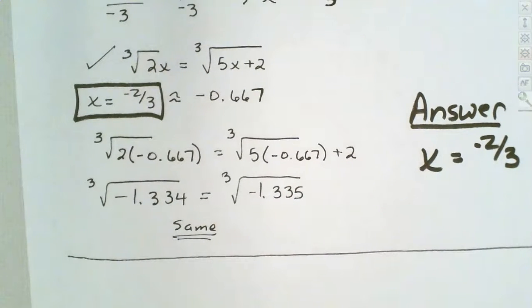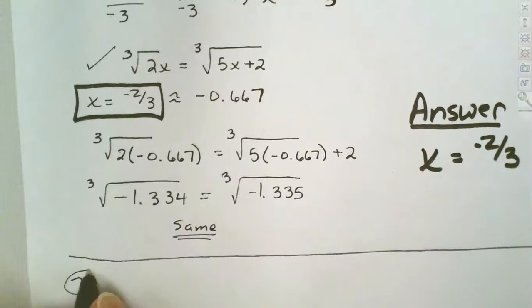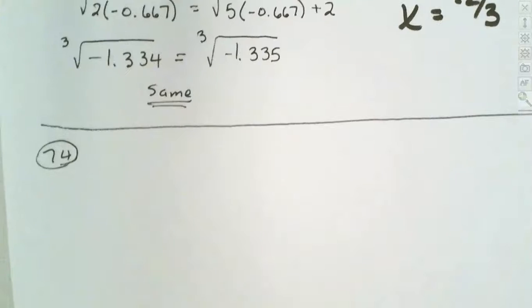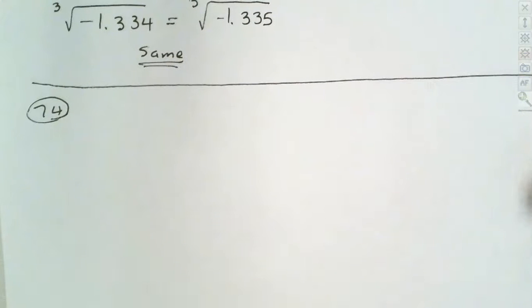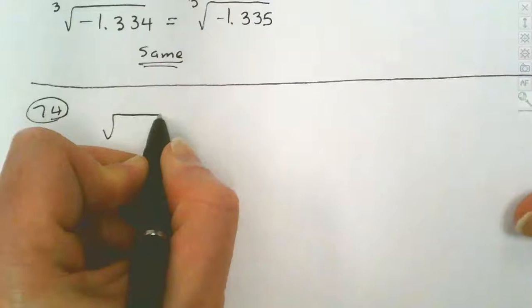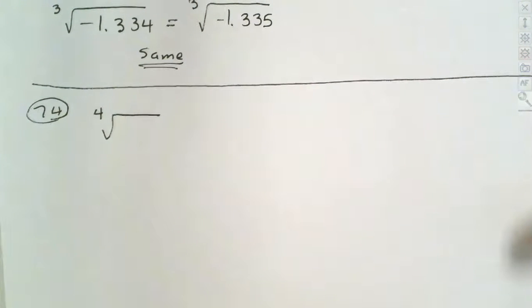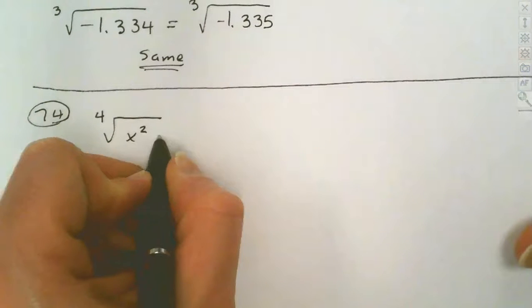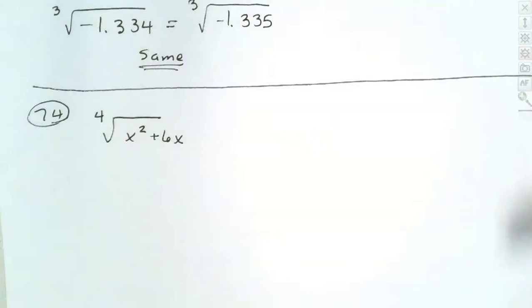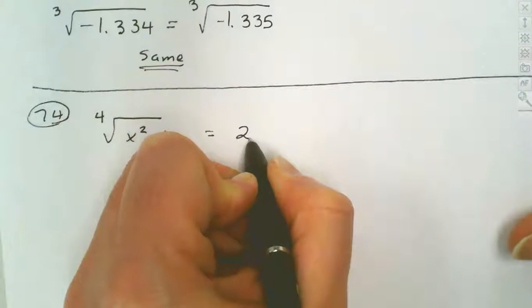Question 74. So question 74, we have the fourth root of x squared plus 6x equals 2.